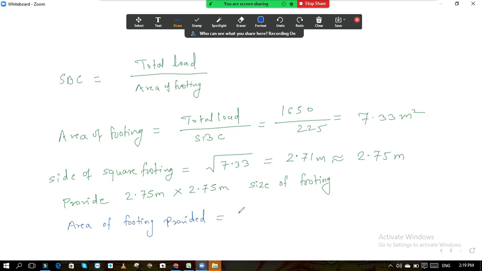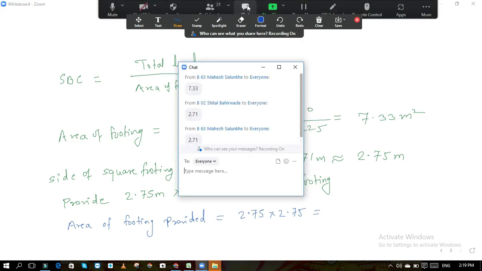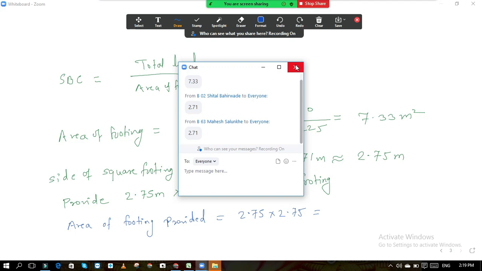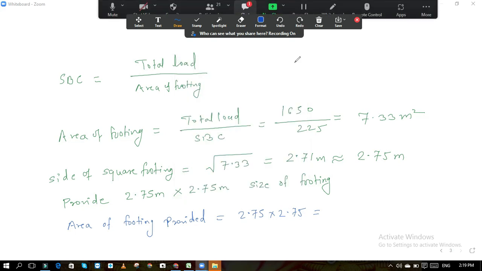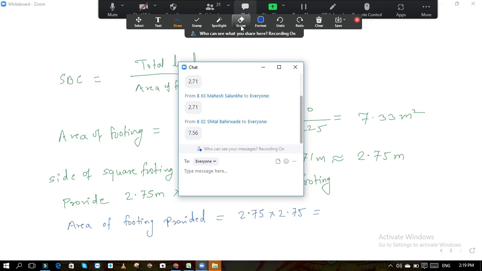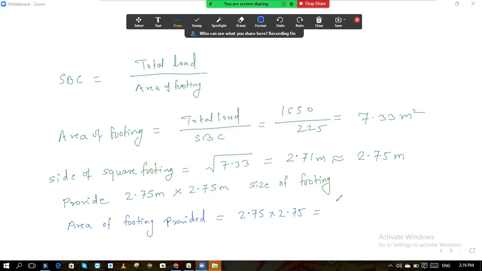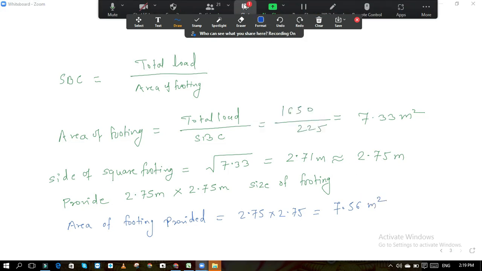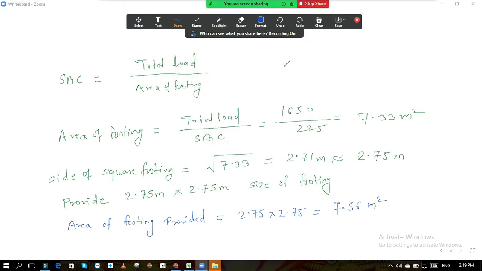What have we provided now? 2.75 into 2.75. 7.56. Okay, so it is 7.56 meters square. What is required is 7.33, and what we have provided is 7.56. Then it is okay.